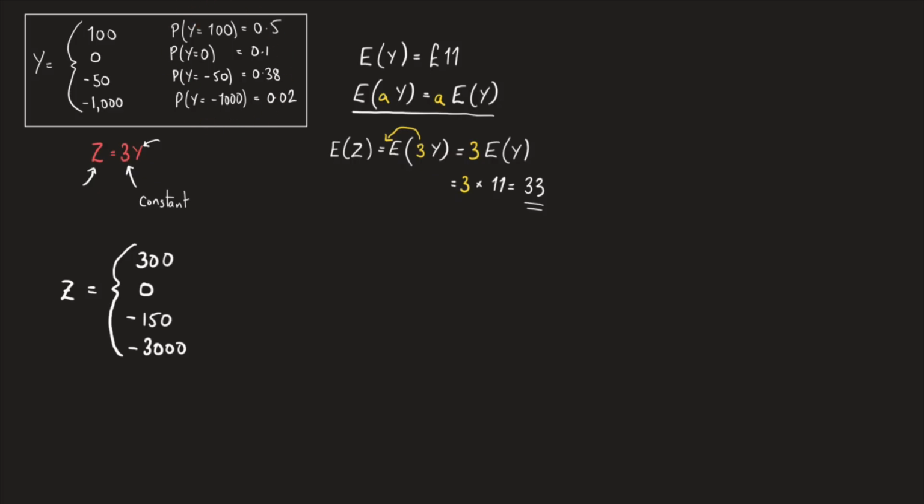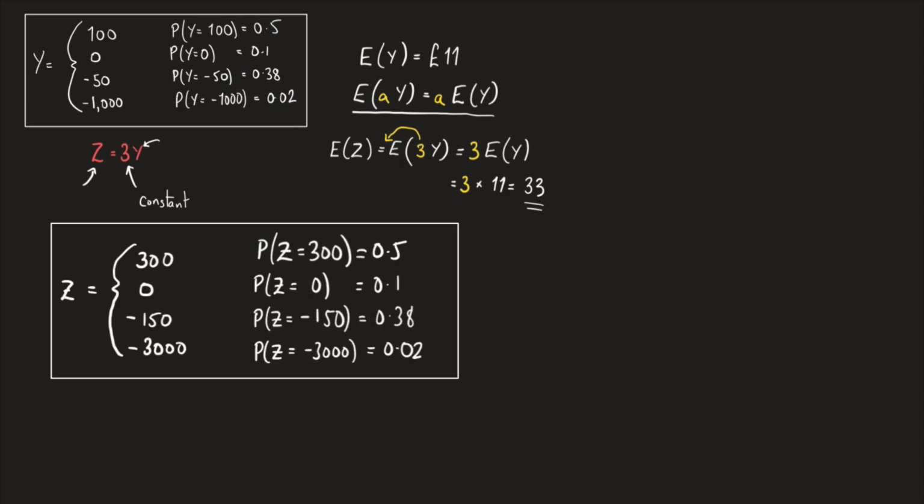So, for instance, whenever y is equal to 100, that follows that z is equal to 300. So the probability that z is equal to 300 is just equal to the probability that y is equal to 100, which is equal to 0.5. And we can fill in all of the probabilities just by looking at the corresponding probabilities relating to y.